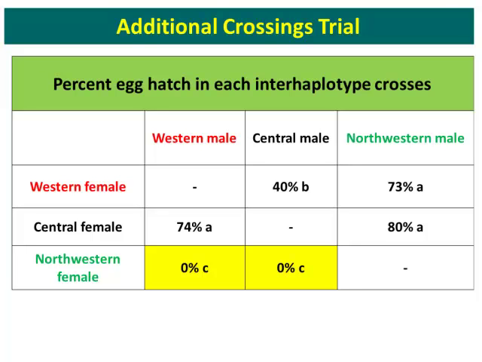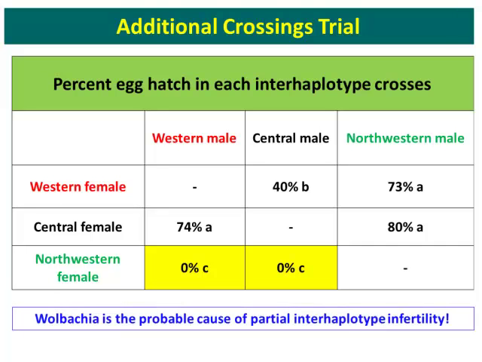Similarly, they found the same trend: when the northwestern females were crossed with the western and the central males, none of the eggs hatched, which shows that Wolbachia is the probable cause of the partial inter-haplotype fertility. And as was shown in the morning, the different haplotypes shift in different regions, so this Wolbachia might have an implication in those haplotype shifts.